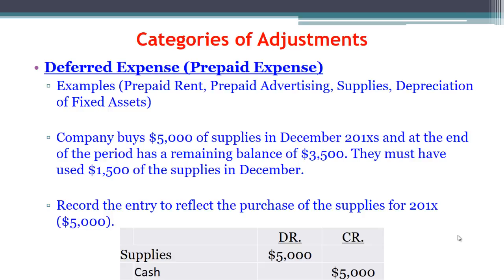So our first entry here is going to be to record the purchase of the supplies. Here we debit supplies, the asset, for $5,000. We credit cash for $5,000 because we used up the cash.